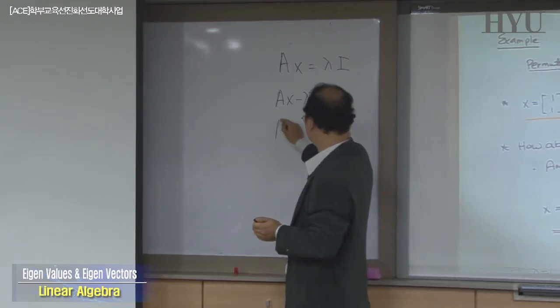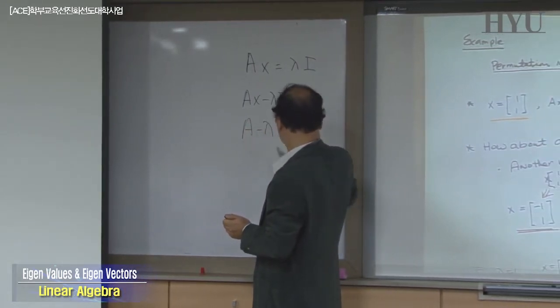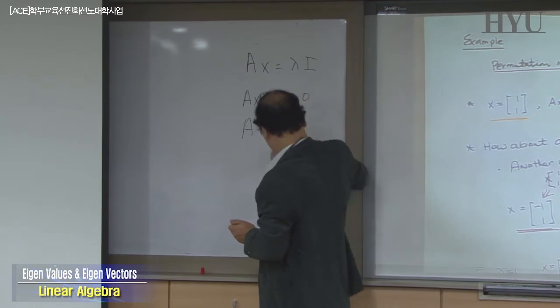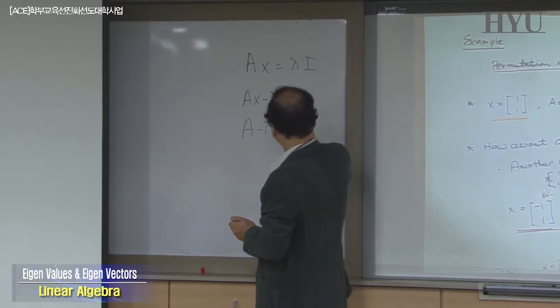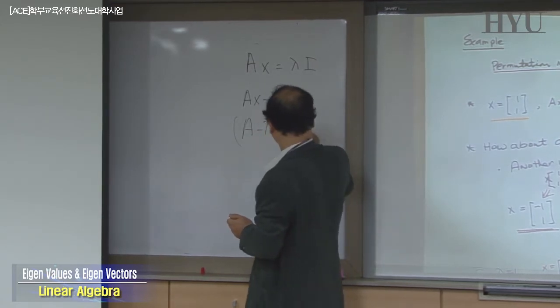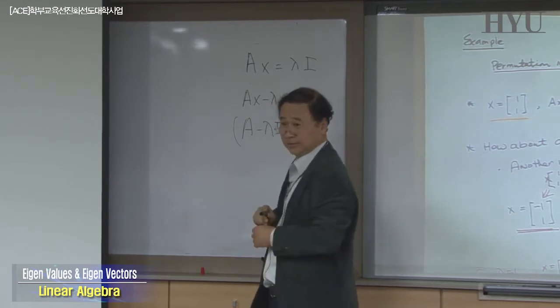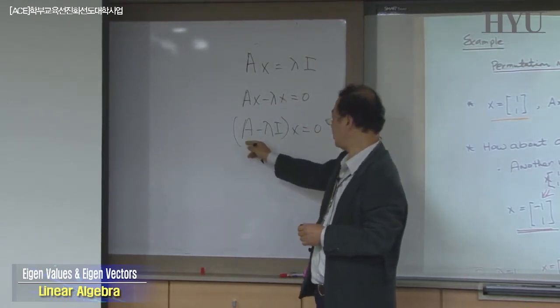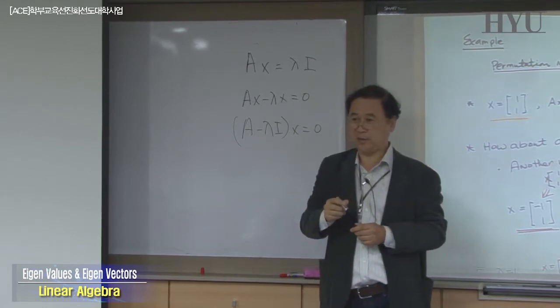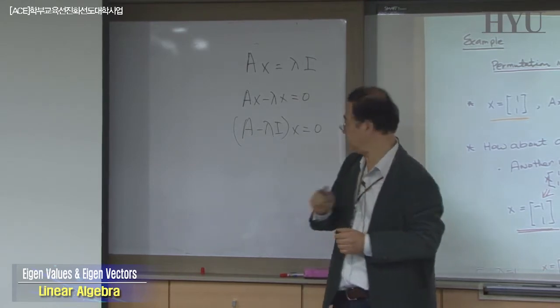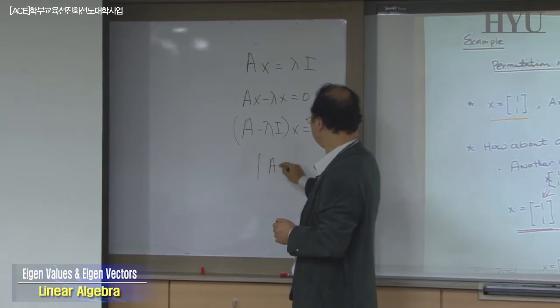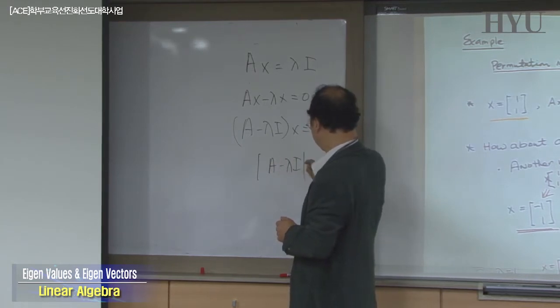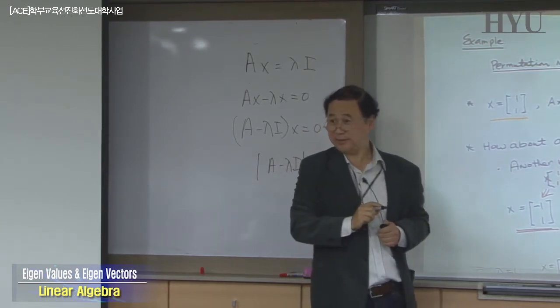So this can be written again: (A minus lambda I) x should be 0, right? What's the determinant of this one for eigenvectors? 0, right? So it means the determinant of A minus lambda I should be 0, right?